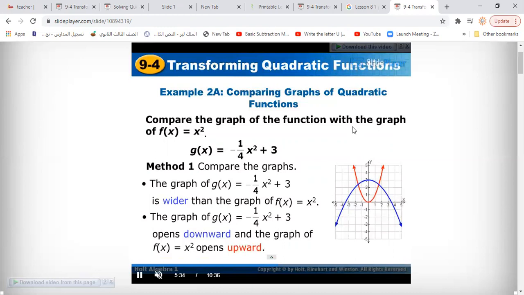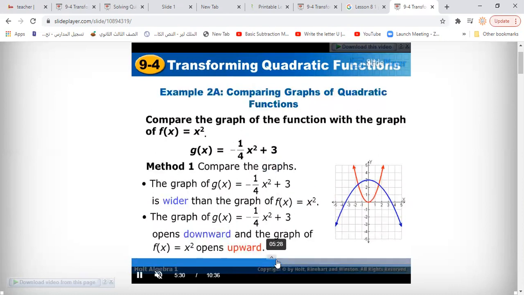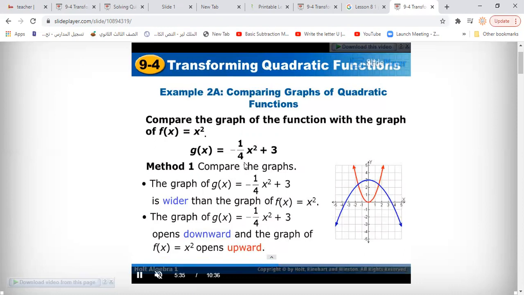The graph of g of x is wider because the absolute value of its coefficient is quarter, so g of x is wider than f of x. The graph of g of x, negative quarter x squared plus 3, opens downward, and the graph of f of x equal x squared opens upward.